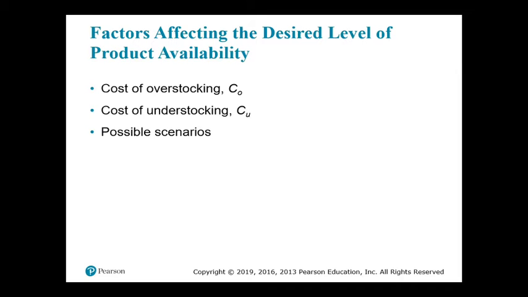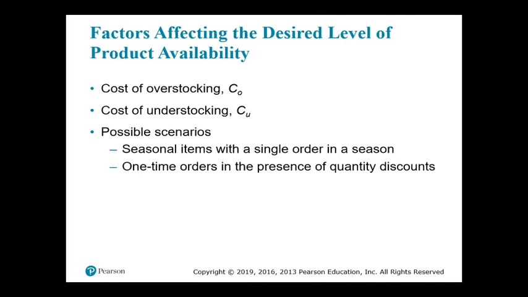And then what else affects the desirable level of product availability? It depends on the order scenario. Whether you're ordering for a single season, which is the case for our LL Bean example, or you're ordering for a single season but also facing a price quantity discount, or ordering continuously based on continuous inventory review.